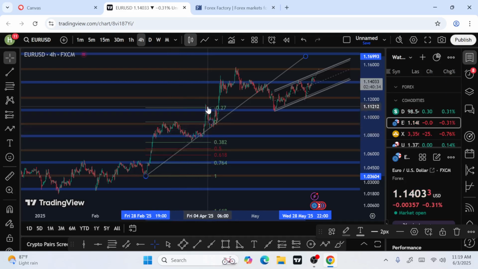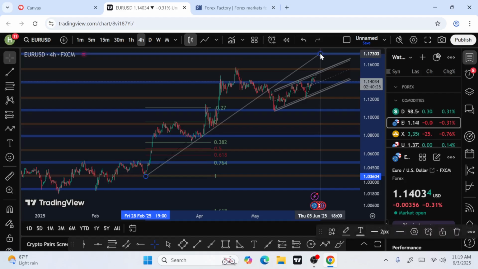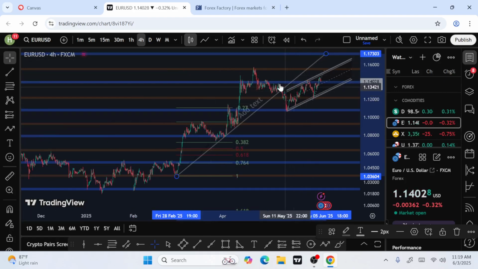Fake out, and it entered back. What will you do? You adjust, because there is no valid candlestick pattern that shows you that there is a breakout. So you adjust it, and the market continues to go up. Now it came down to it. Break. Do you see the breakout? Boom. Now that it has broken out from this entire trend, what will you do?